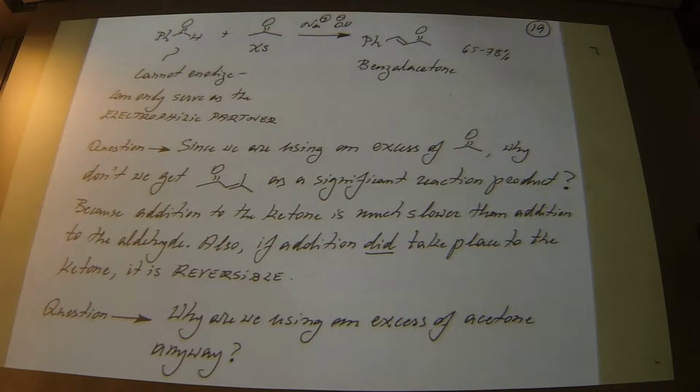The way you answer that question is you think about what would have happened if I hadn't used an excess of acetone. What would have been the difference in product? If I use, say, a 1-to-1 mixture of benzaldehyde and acetone, or a 2-to-1, 2 benzaldehyde to 1 acetone, what's going to happen?